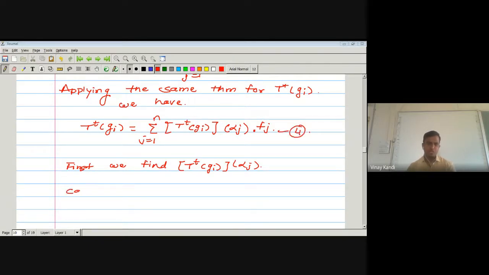Now consider T transpose of Gi of alpha j. By the definition of transpose, this one is Gi of T of alpha j. Is it correct? Yes, by definition of T transpose.